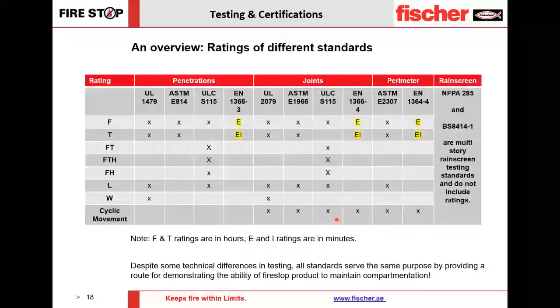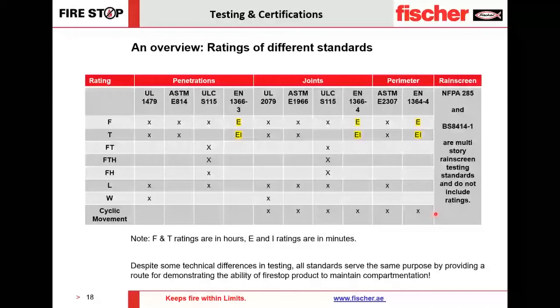For perimeter joints, ASTM E2307 tests multi-story curtain wall setups, and EN 1364-4 focuses on the spandrel area section of the curtain wall only. The rating or classification principle remains the same as it does for penetrations and joints. On this occasion, it's really important to mention the situation for rain screen cladding systems.